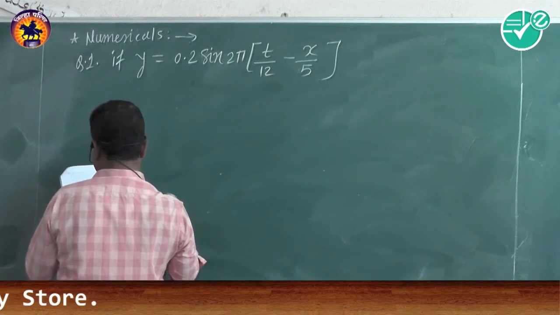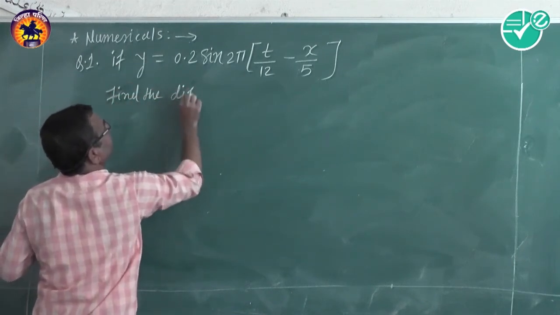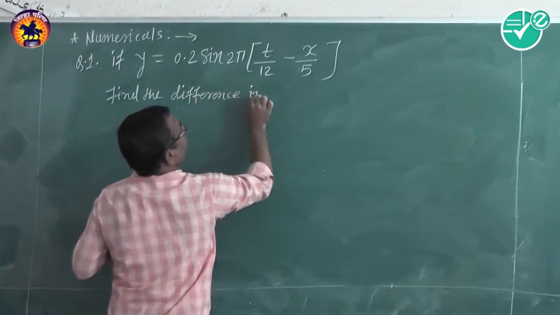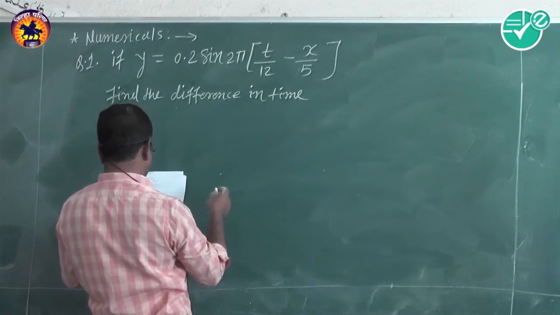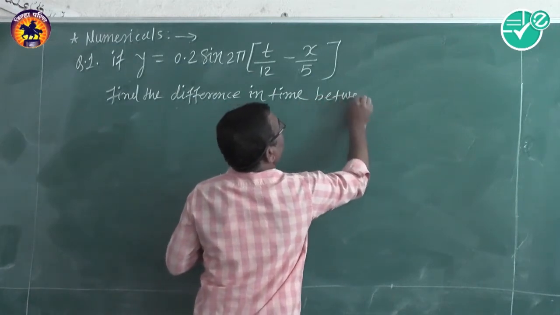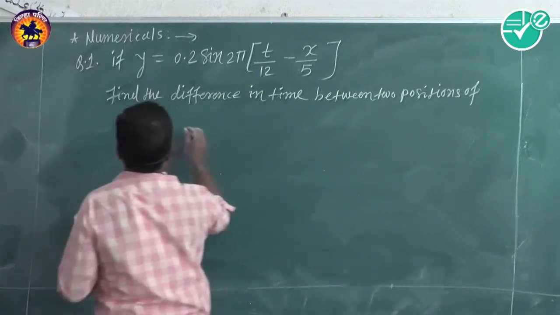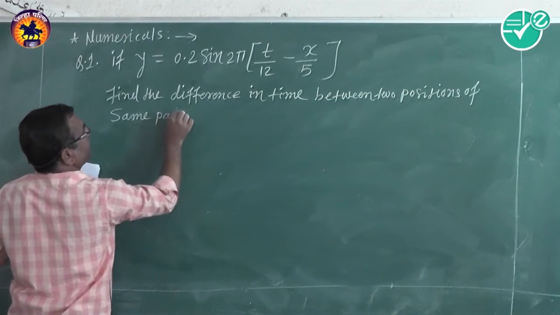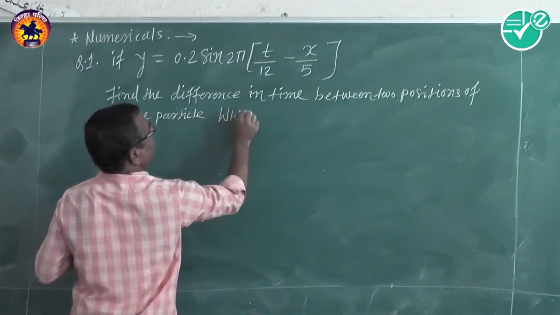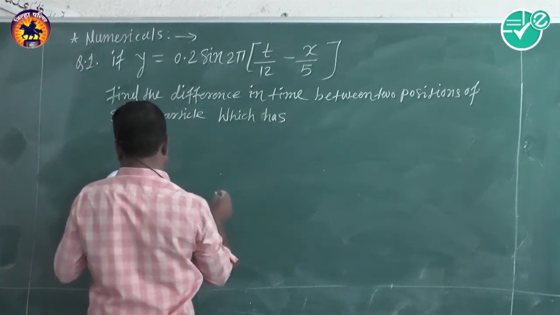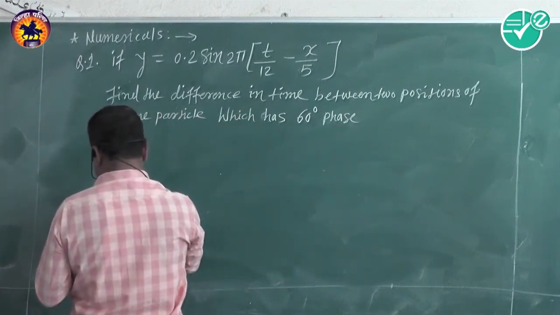Find the difference in time between two positions of the same particle which has a 60 degree phase difference.